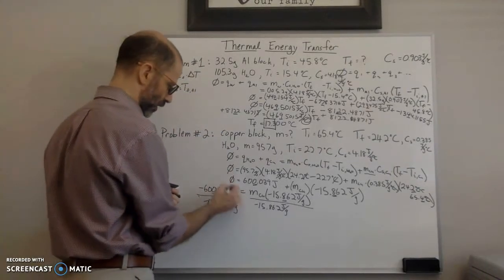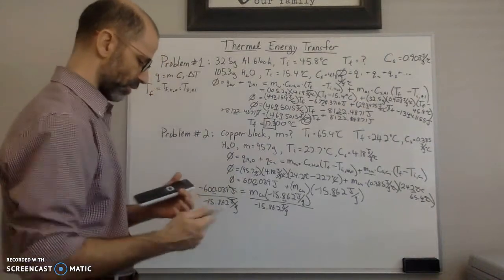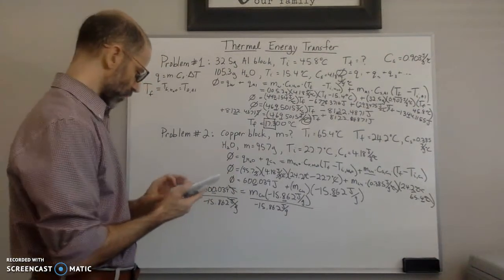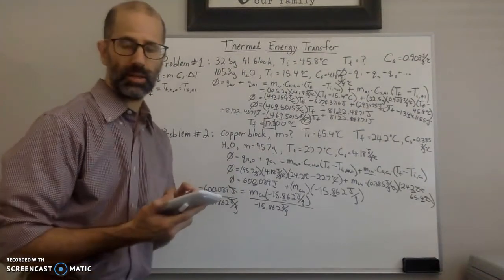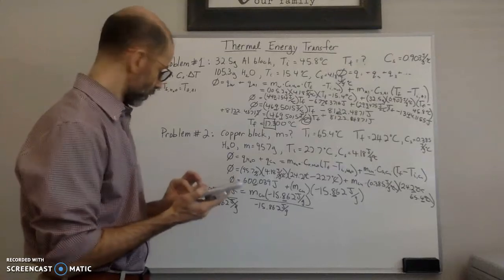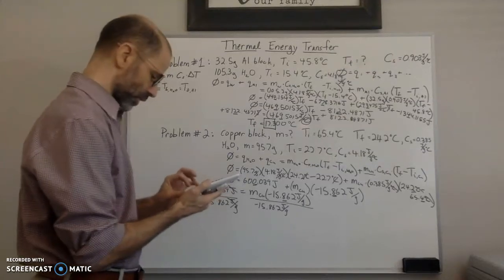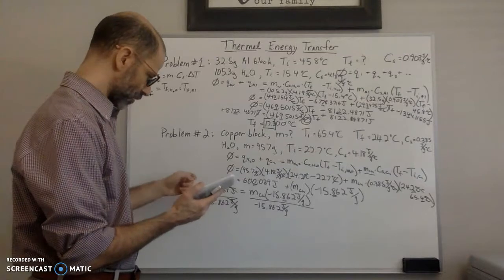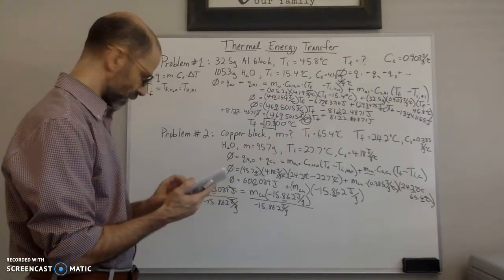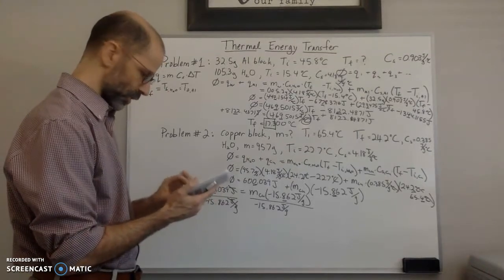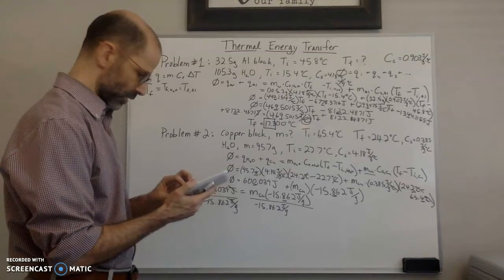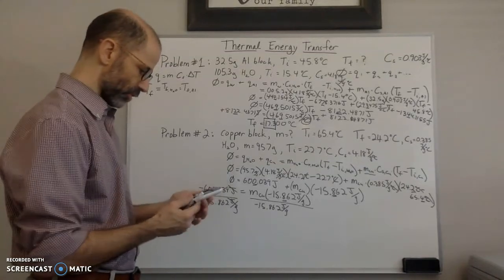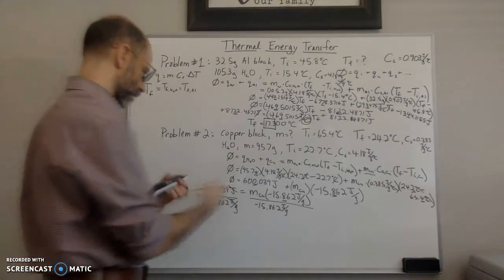So my joules are going to end up canceling out, leaving me with grams. So I have negative 600.039 divided by negative 15.862 equals, and that gives me a mass.